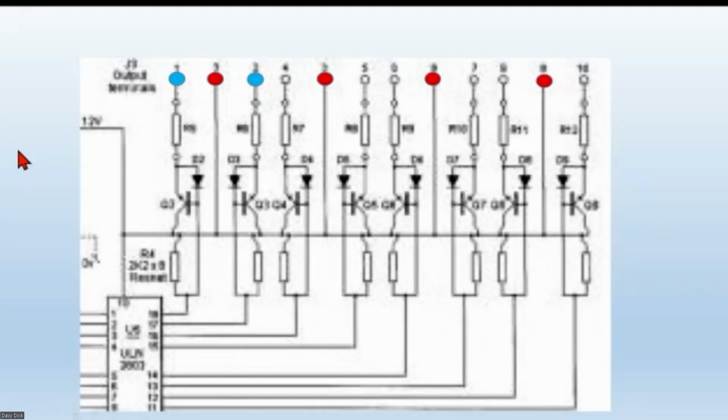Or if we want it to be output only, we can just put a bridge across there and take your reading from here. So you can get output only, or you can get a solenoid, and there's a second pair, third pair, and a fourth pair.